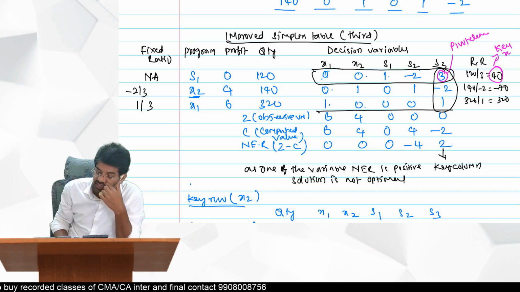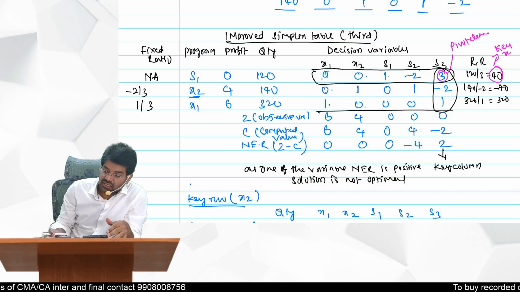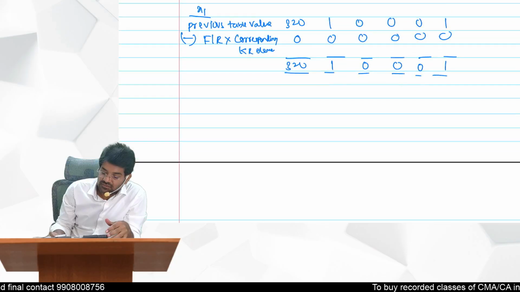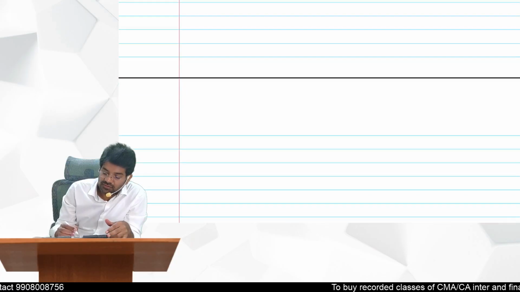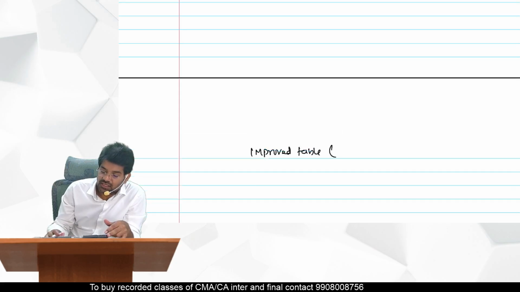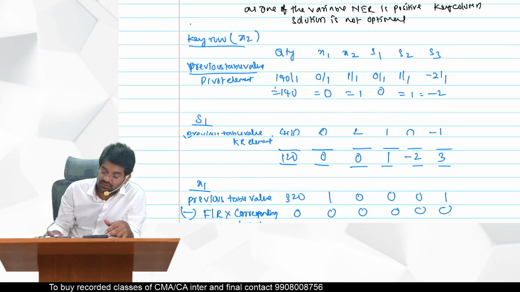So this is the fixed ratio. Based on this only we should update the values now. Improvement table number 4. This is the fourth table.